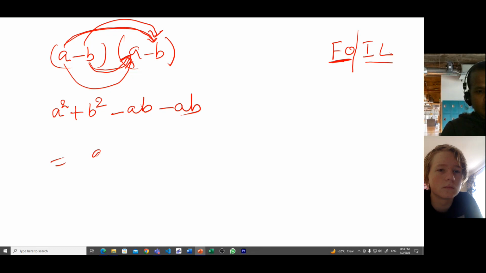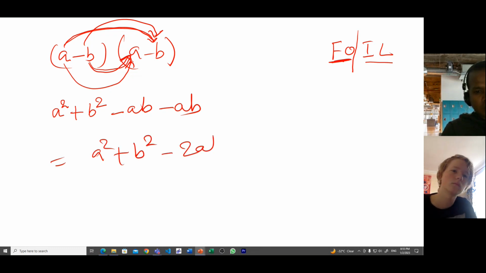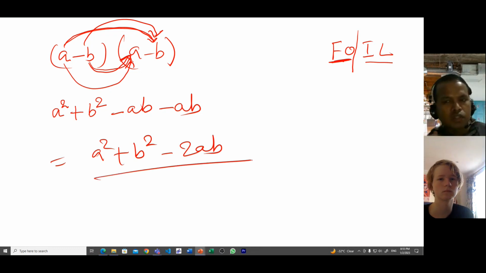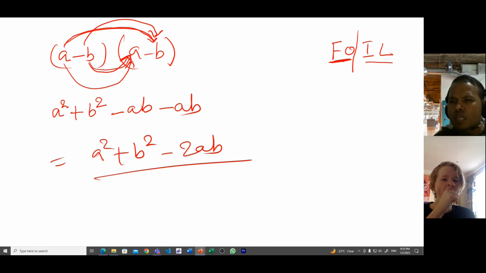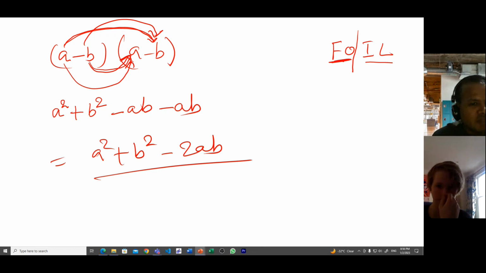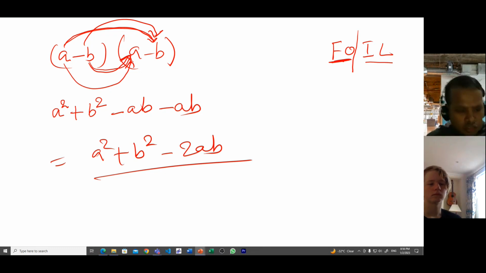That means A squared plus B squared minus 2AB. So this is the way of multiplying. Just keep in mind that usually in multiplication we follow the FOIL rule. It will be easier, as you can see whether you are multiplying each individual term with the others or not.